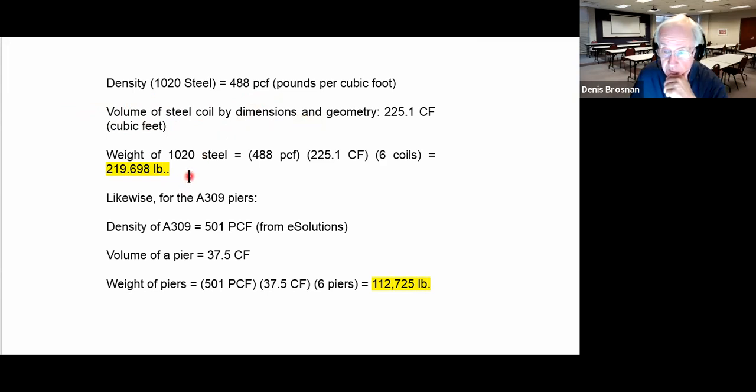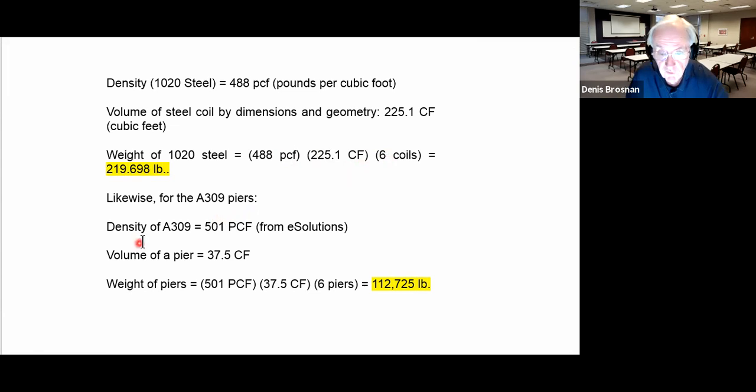So the weight of the steel is the density times the volume. I said 6 coils here, and there's only 2 coils. So I believe the number would be right. I don't understand why we have a 6 here.